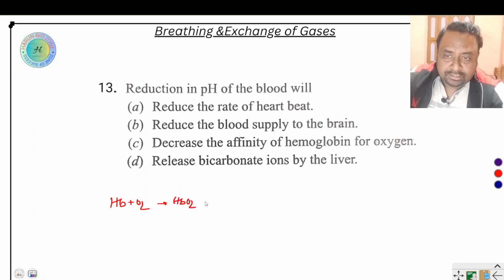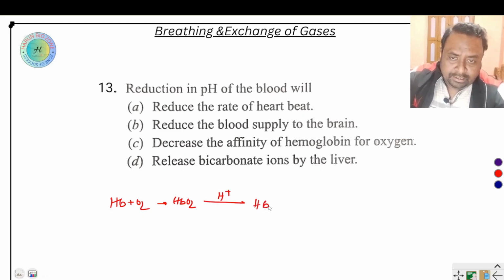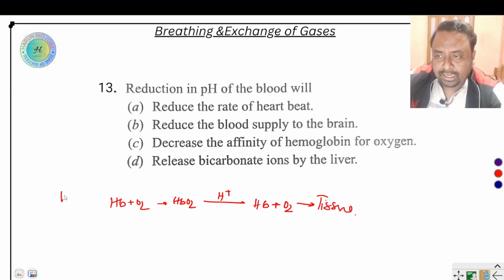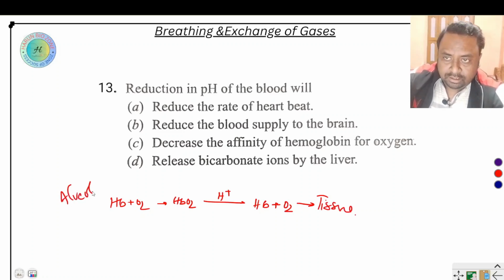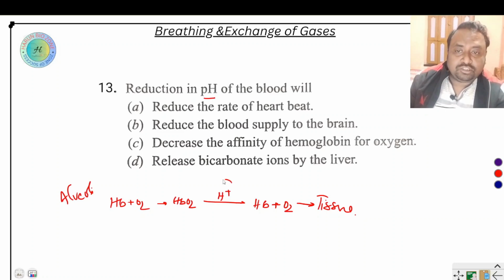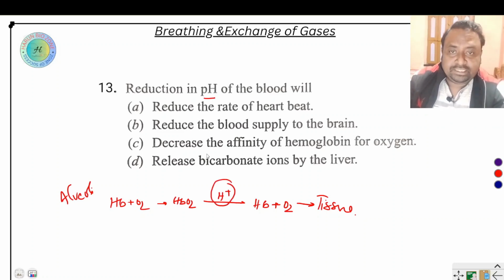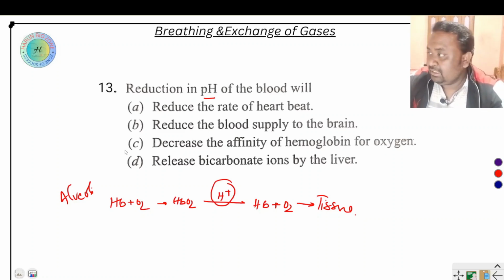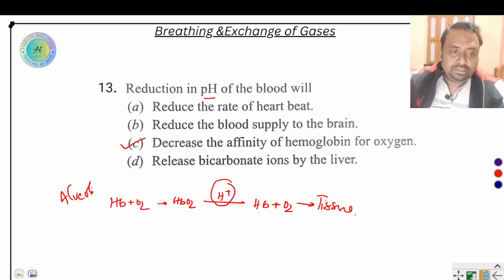This oxyhemoglobin in the presence of proton ions again divides and oxygen enters the tissue. So when pH level decreases, it means a high concentration of H plus. So it decreases the affinity of hemoglobin for oxygen. C is the correct option.